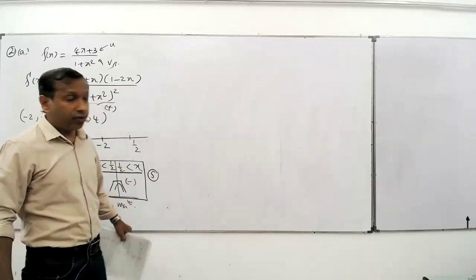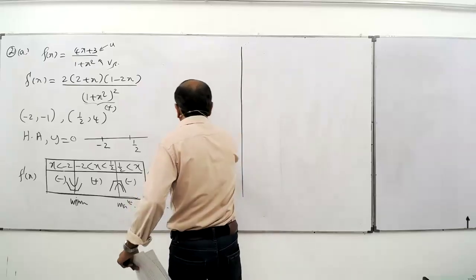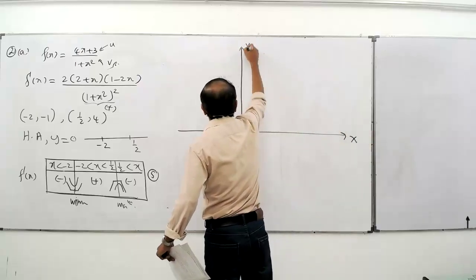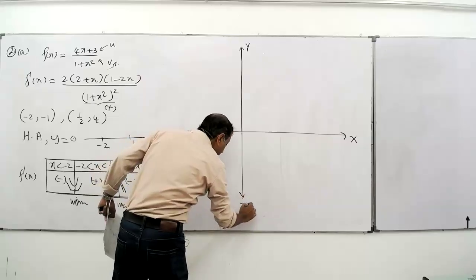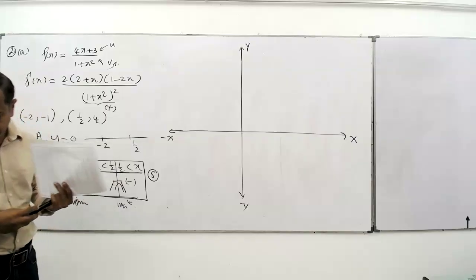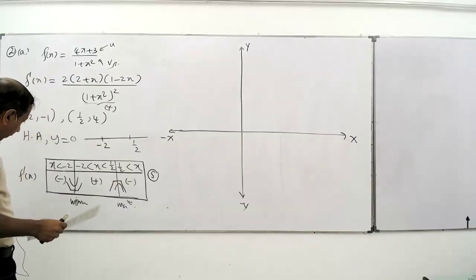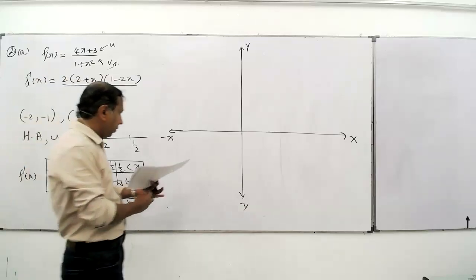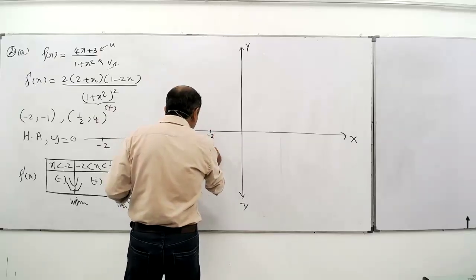Okay. Now we will sketch the graph. X-axis here, y-axis here, minus x-axis here, minus y-axis here. Understood? Right. Now, the original point is x minus 2, y minus 1. It is here.